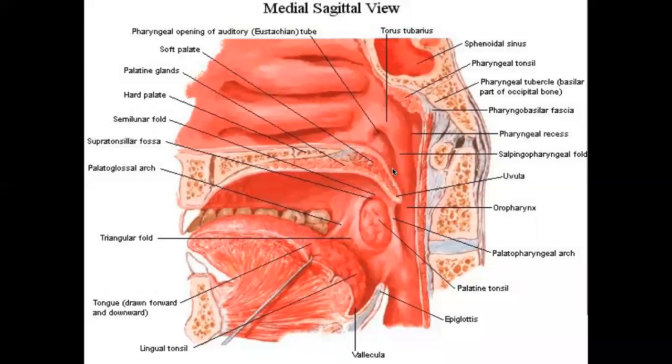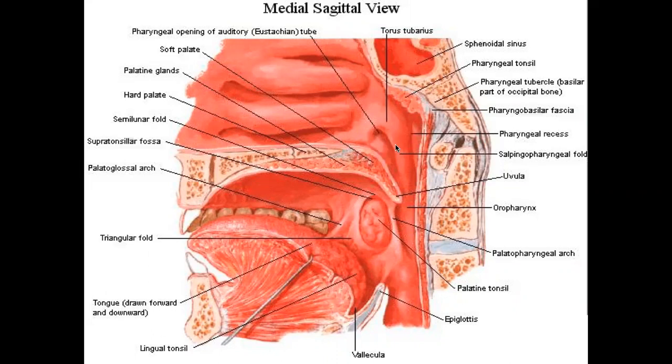What we are looking at is the pharyngeal opening. This is the cartilaginous part of the auditory tube. So there is a passage through which we can connect the nasopharynx with the middle ear cavity, and this passage is called the eustachian tube or auditory tube.